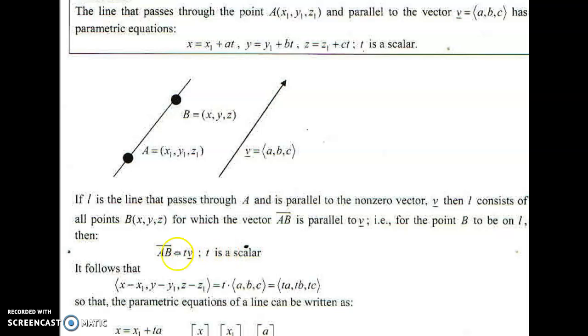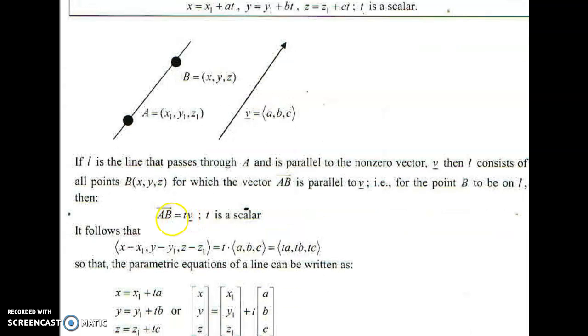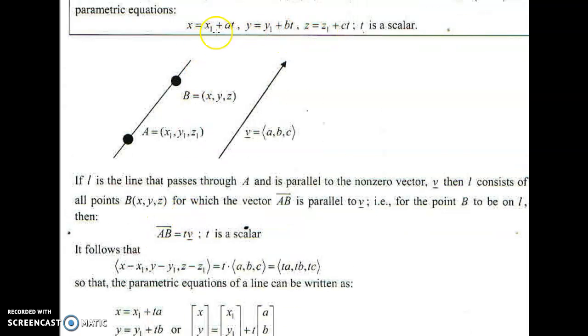A parallel vector needs to be in the same direction but not the same length, so t represents the difference in their length. If their length is the same, t will be equal to 1. So vector AB equals t times vector V.